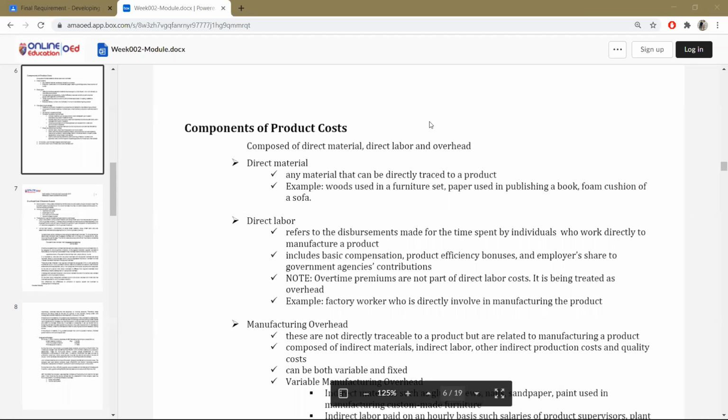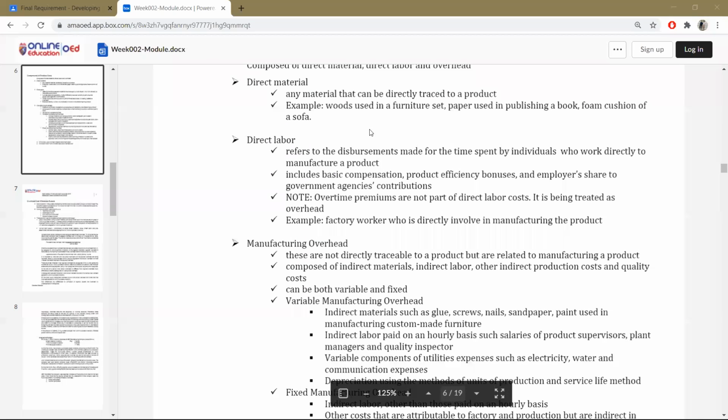Of course, because these are part of inventory, once sold they become part of our cost of goods sold. Composed of direct materials, direct labor, and overhead.